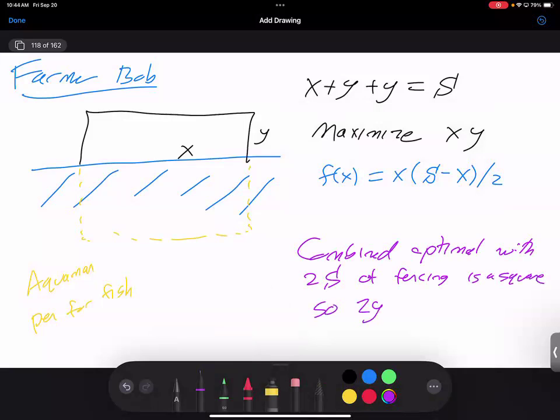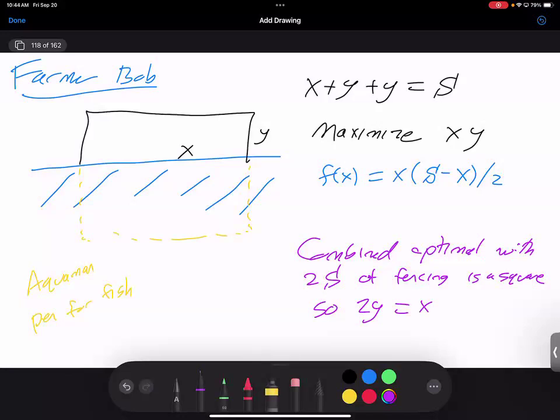So 2y equals x. So again, you can do the math the long way, but here's a high-level way of seeing that the optimal has to be a rectangle that's twice as long as it is wide.